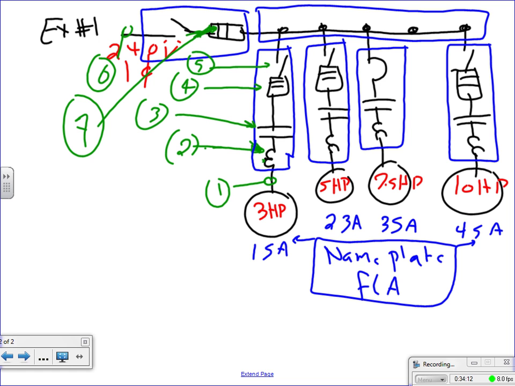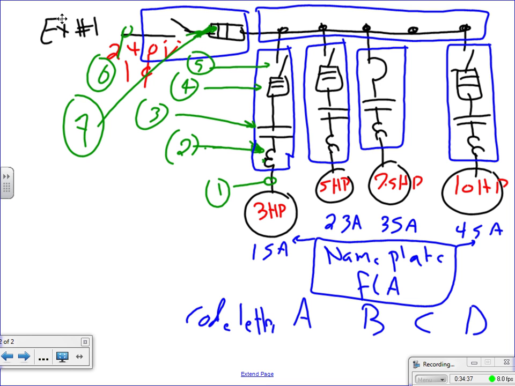I need to find the starting current of these motors. So the second thing I'm going to give you guys is the code letter, and let's go from, say, A, B, C, and D for each one of these motors. Are you guys with me?